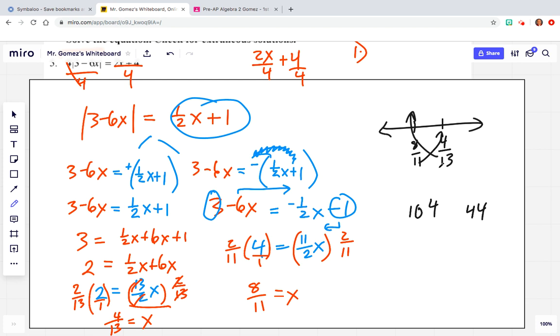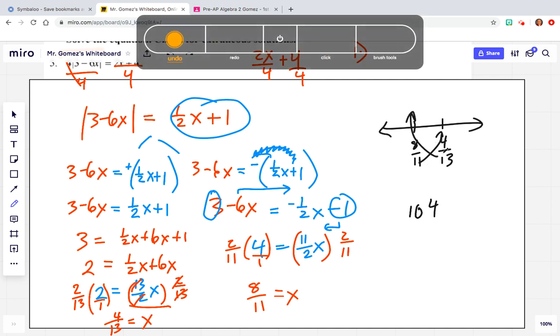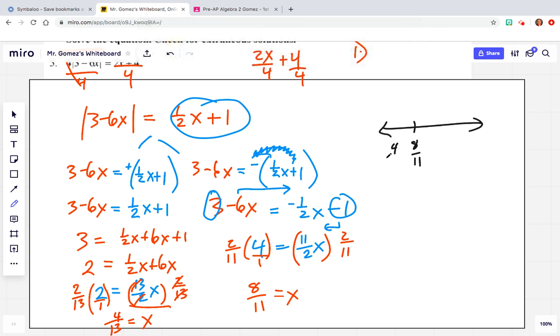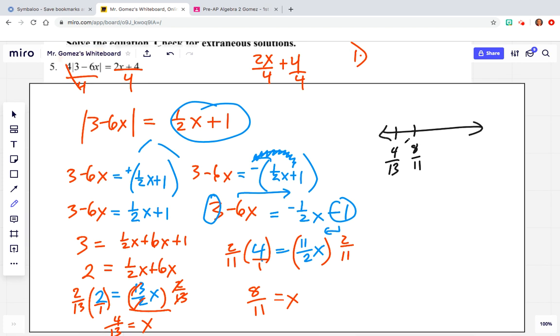So I have these backwards. Since I got 104 by multiplying diagonally up, 8/11 is actually bigger. Okay, so then I can quickly write 4/13 to be on this side. Just a quick FYI, that's a side note of how you can see which ones are smaller versus bigger for these weird type of fractions.